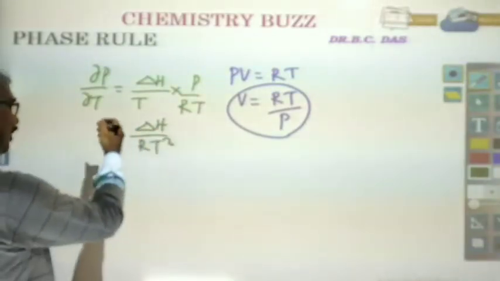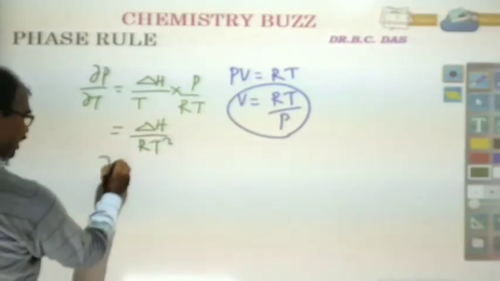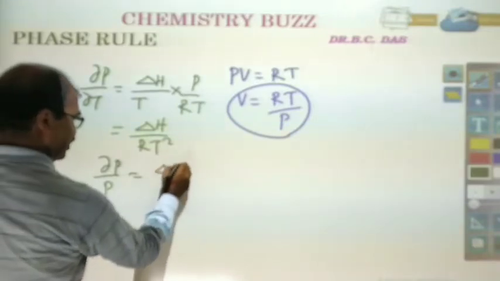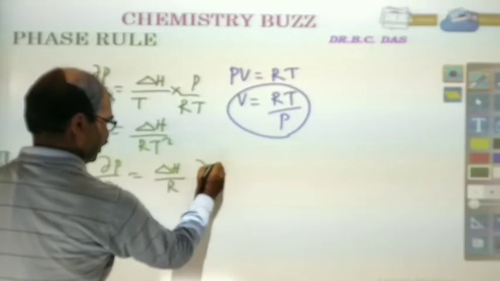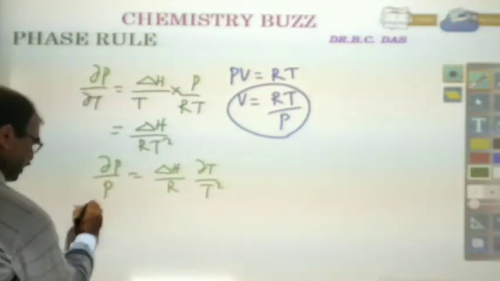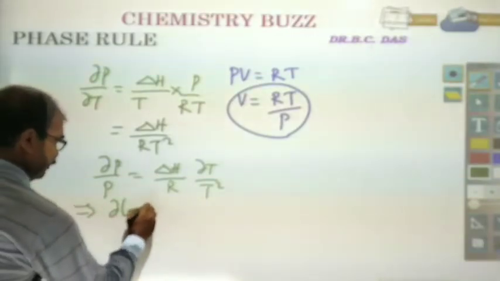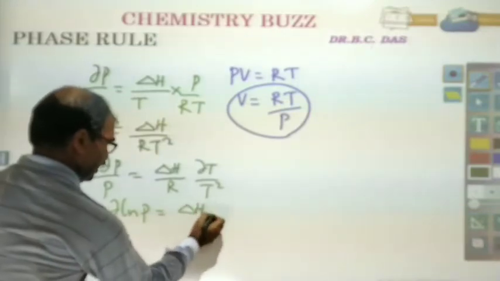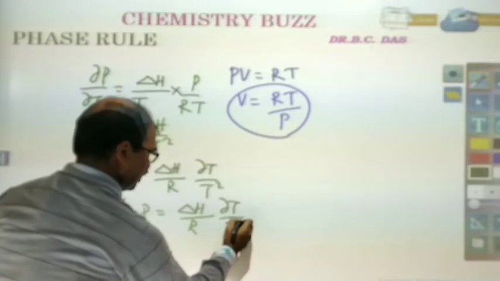Okay. So separating the variables, now we will get dP by P is equal to delta H by R dT by T square. Okay. So we can write this again in this form, d ln P is equal to delta H by R dT by T square. Okay.